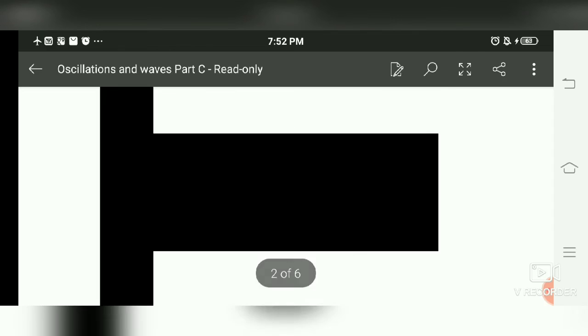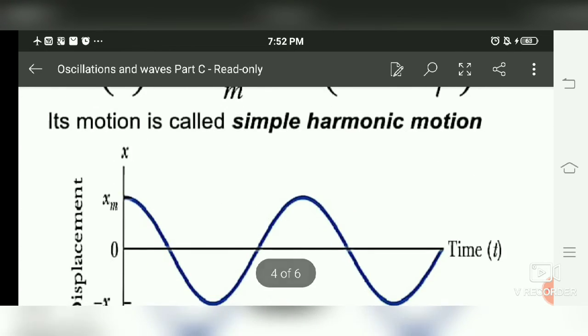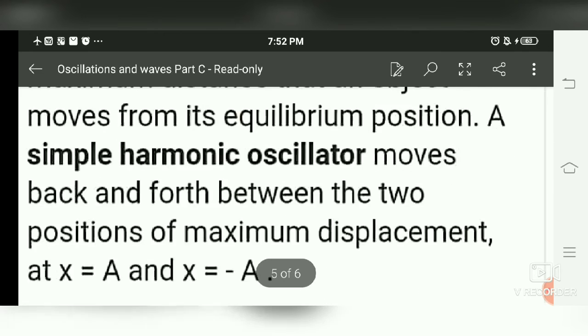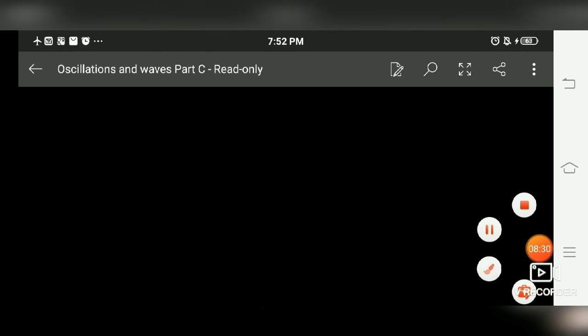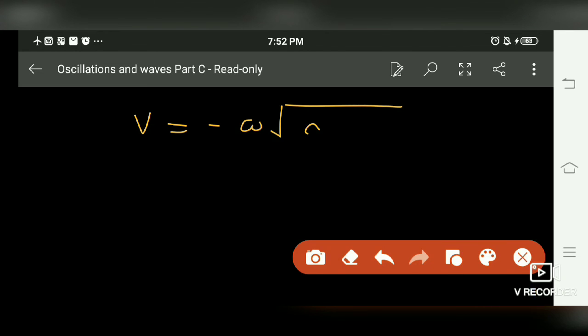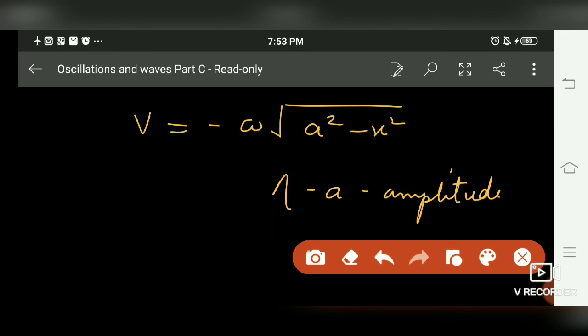So we get velocity equals minus omega under root of a square minus x square, where a is the amplitude here. As in the lower expression, it is represented by capital A. You can choose whichever letter or character you want, but please mention that it's representing the amplitude.